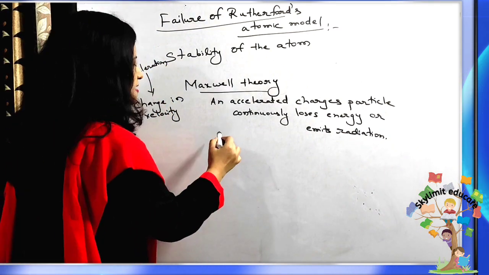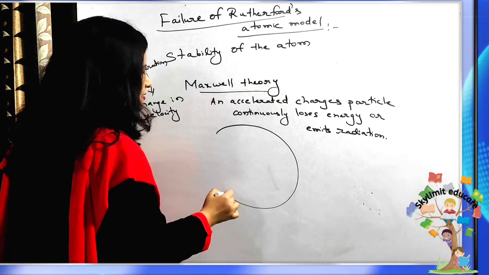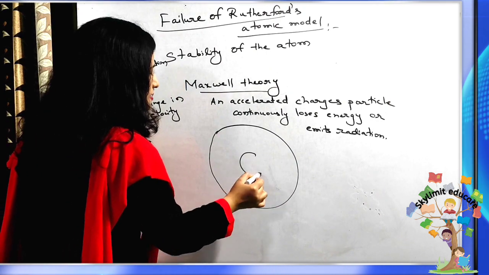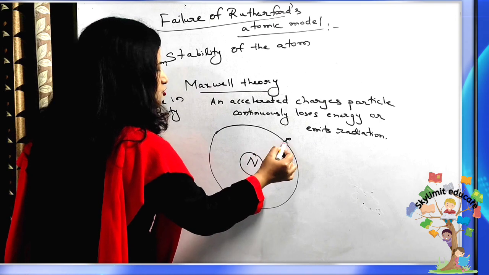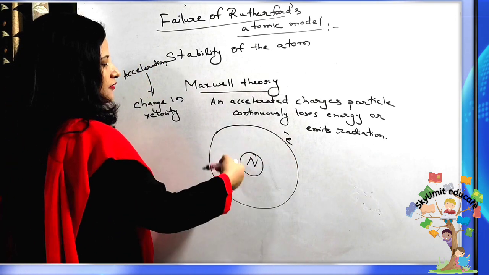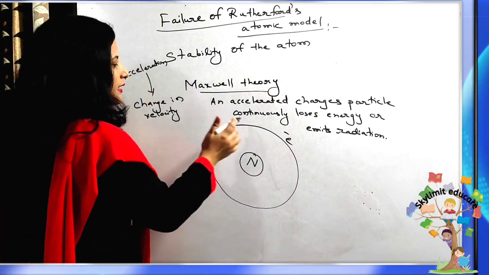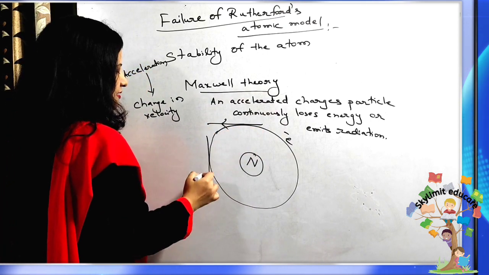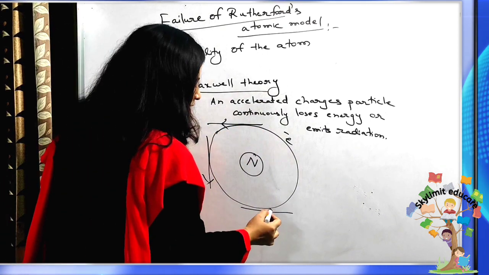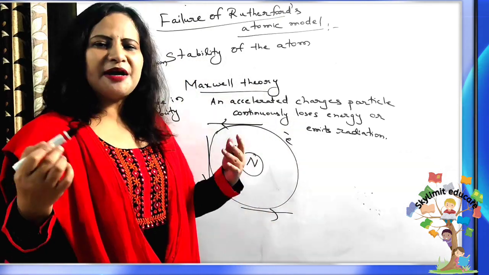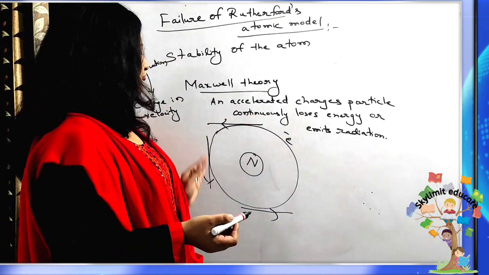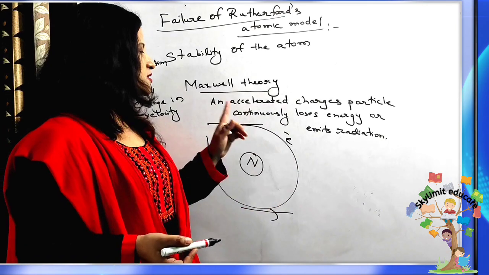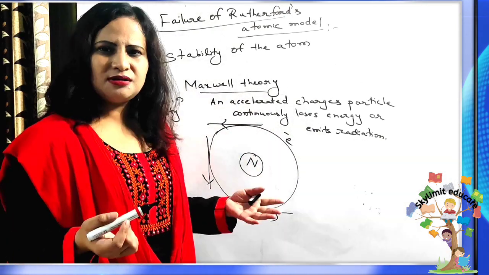Now in a circular orbit like this, there's a nucleus. The electron is carrying a negative charge and it is revolving around this nucleus. So continuously the velocity is changing or not? The direction of motion is changing. First here, then here. Maybe the speed may be the same, but the direction of motion is changing. So the electron is having an acceleration.